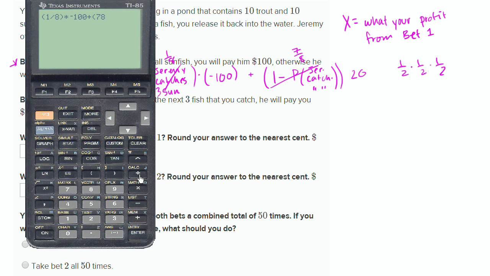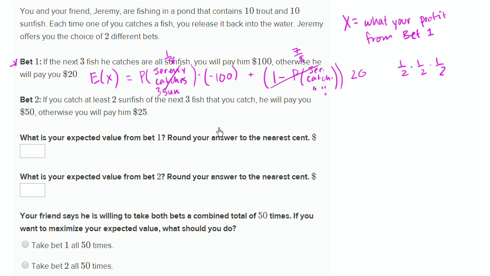And so your expected payoff here is positive $5. So this is your expected value from bet 1.